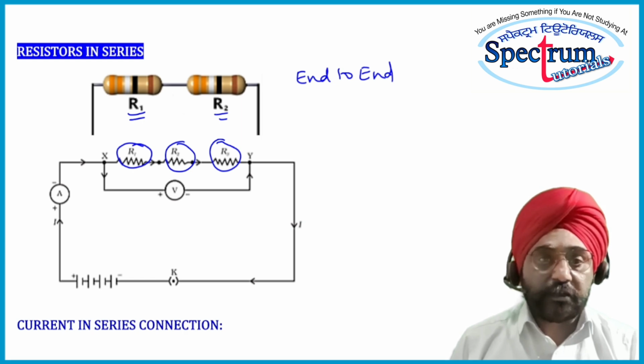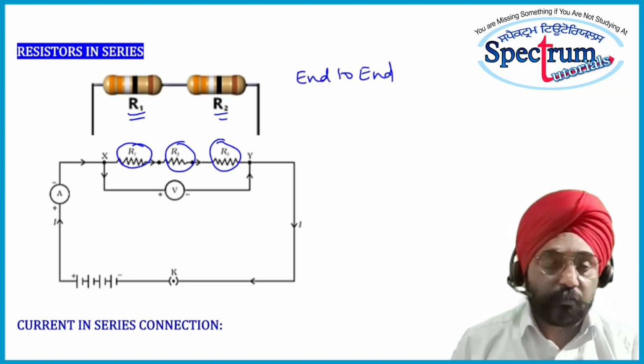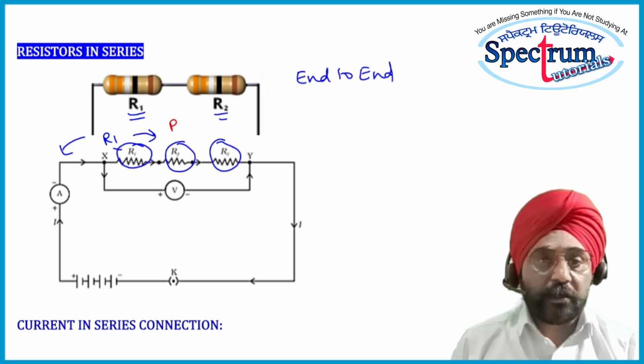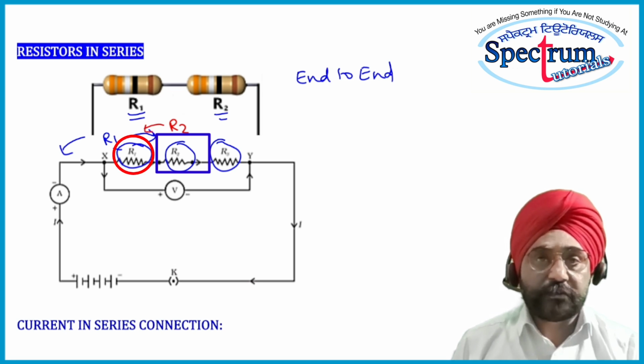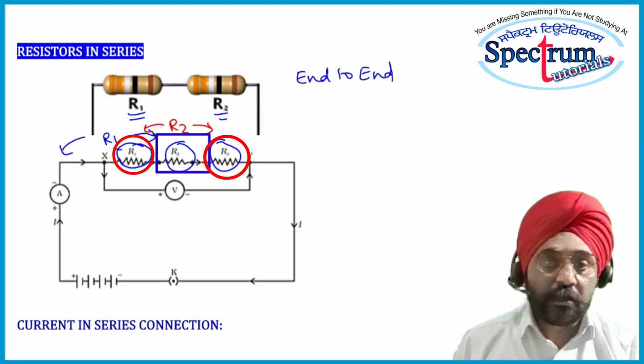In a series connection, each resistor is connected to a different component. So here we can see the resistor R1 is connected on one side to ammeter and on second side to resistor R2. Similarly, the resistor R2 on one side is connected to resistance R1 and on the other side is connected to resistor R3.